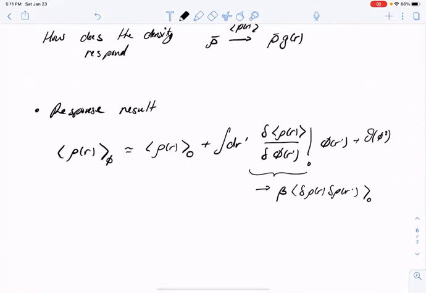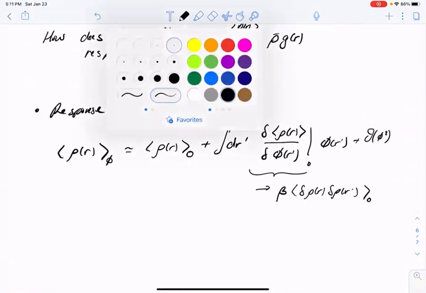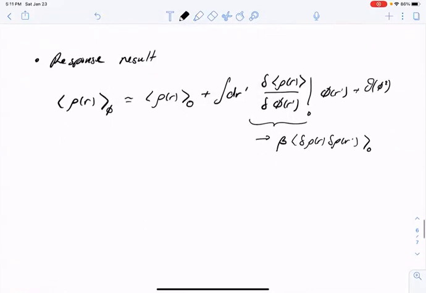That would be naively evaluated in the absence of the field, but note that we could, for example, put rho, so this is rho, field, and then evaluated in the absence of the field.